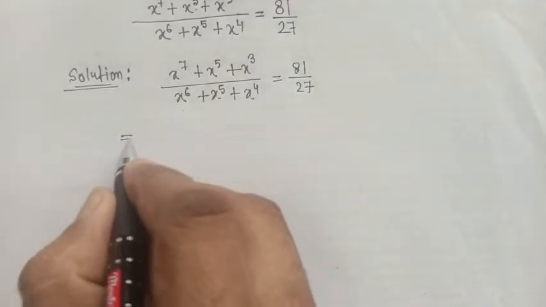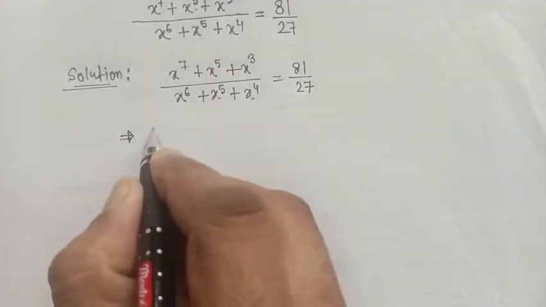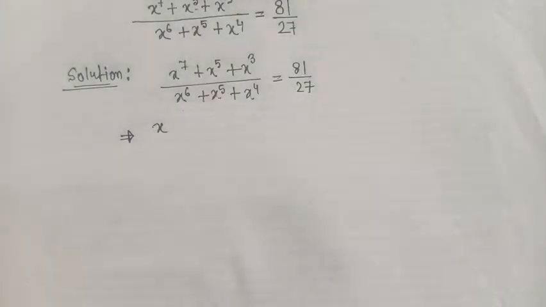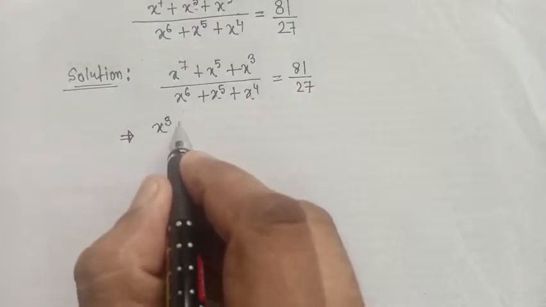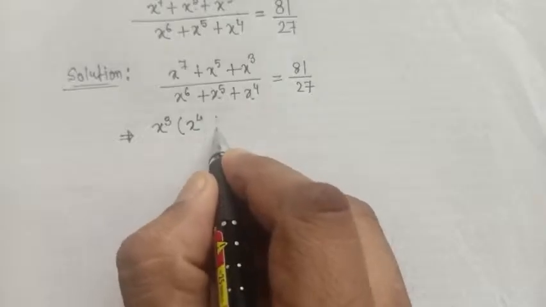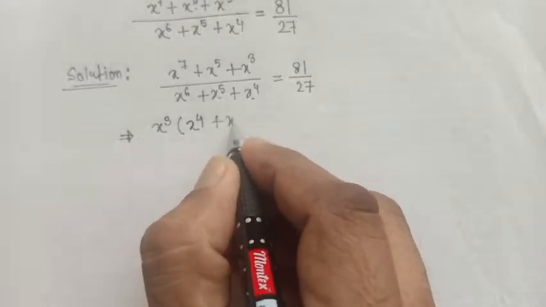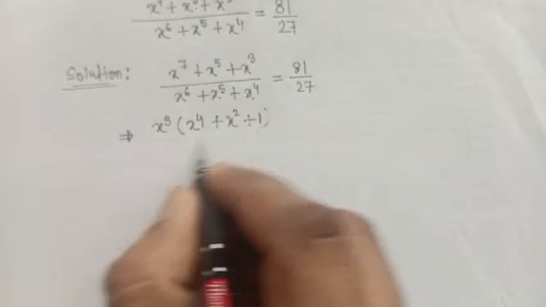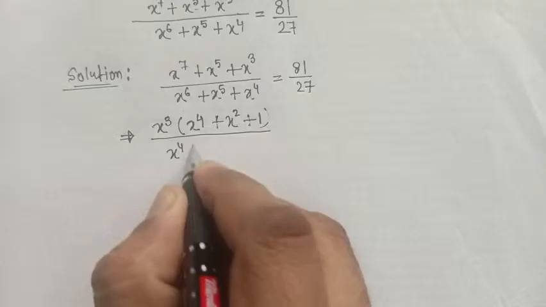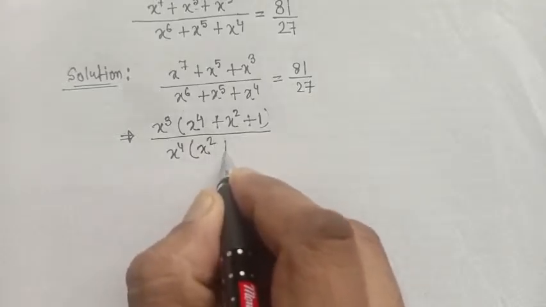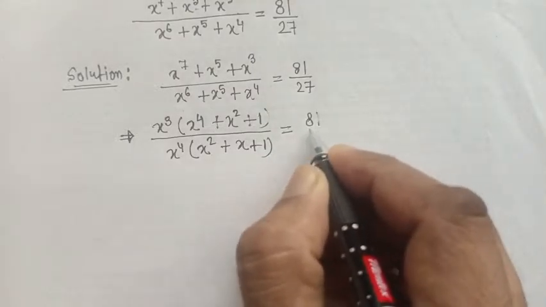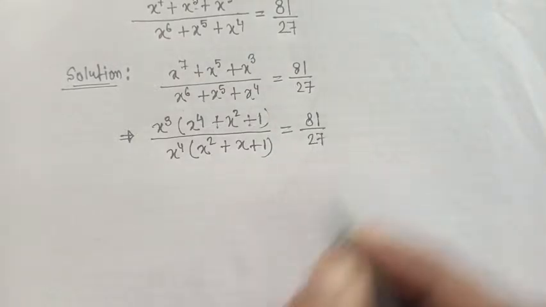Now we are taking common x cubed from above, so the remaining part will be x to the power 4 plus x square plus 1, and the lower part, if we take common x to the power 4, will be x square plus x plus 1, and it will be the same as 81 by 27.